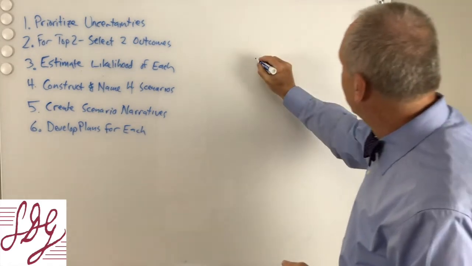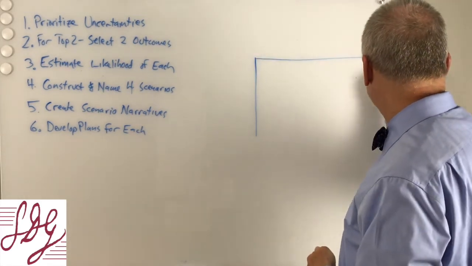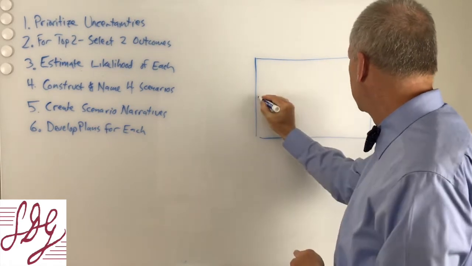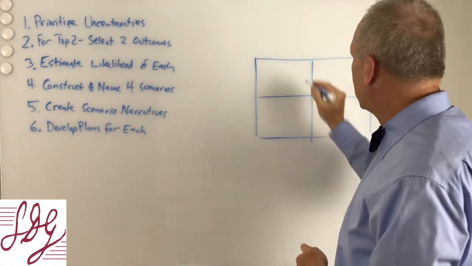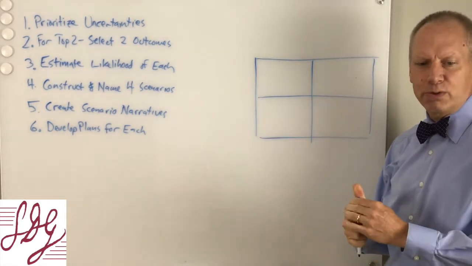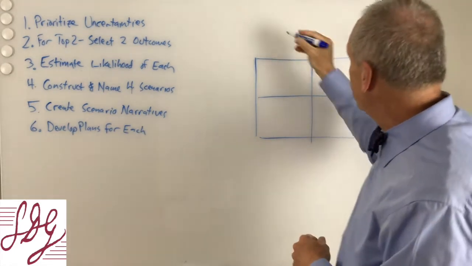So, simple 2x2 matrix. Across the top, what we'll use is the adoption of strategic catalyst.